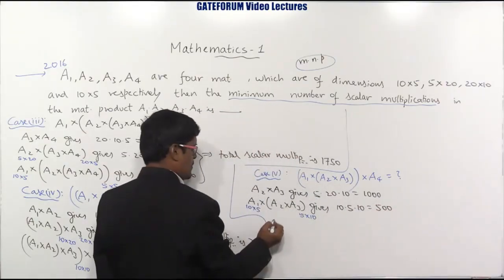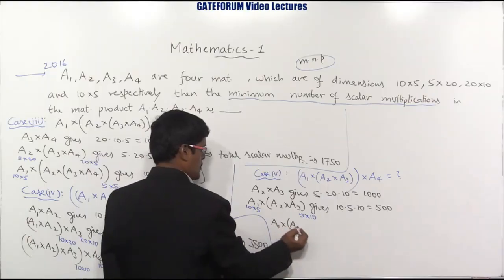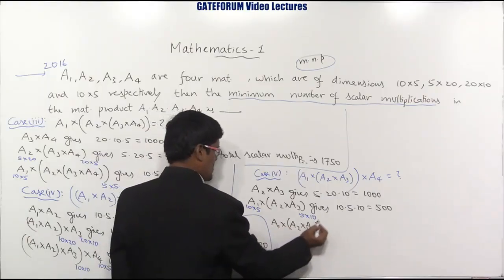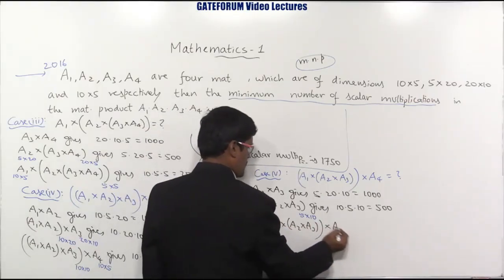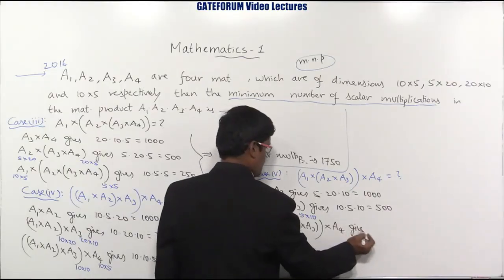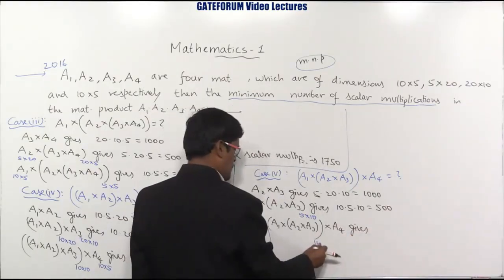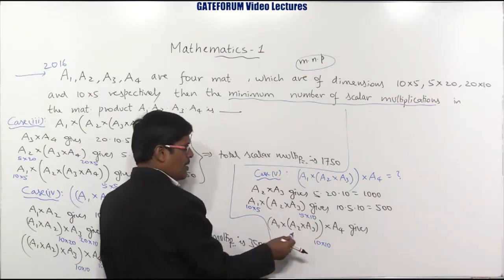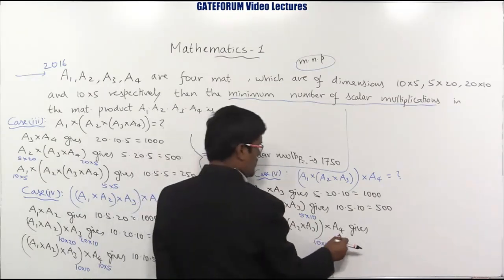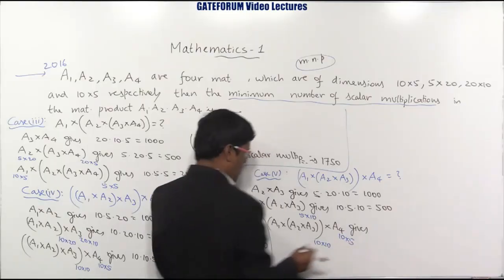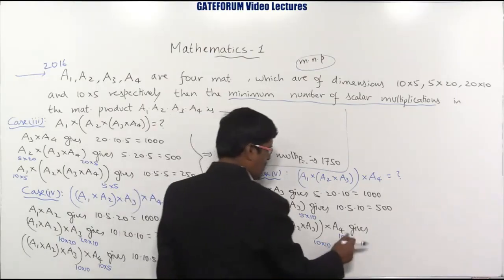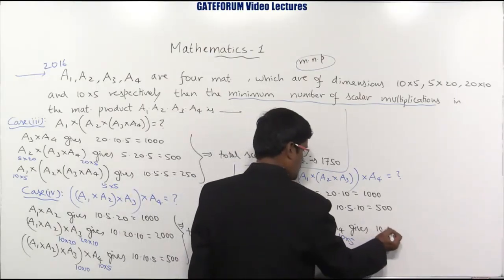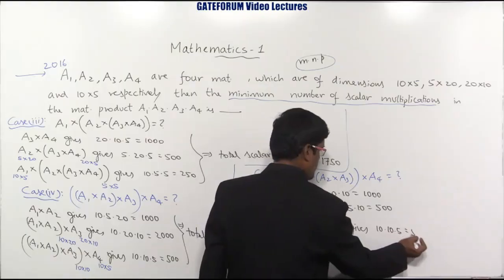And the final step, A1 into A2 into A3 into A4, gives this order 10 into 10, A4 order 10 into 5. Compare with M into N, N into P gives M and P, that is 10 into 5, 500.